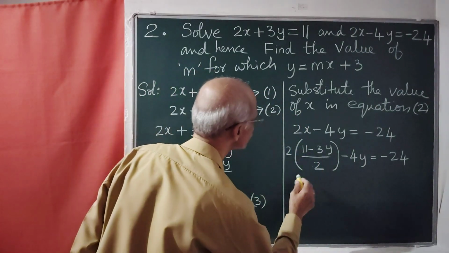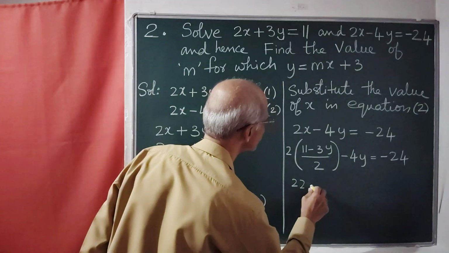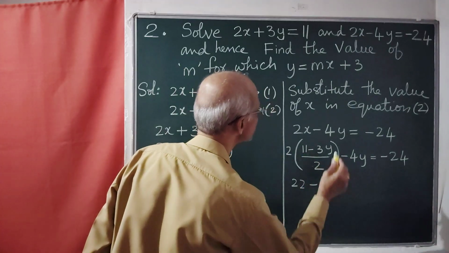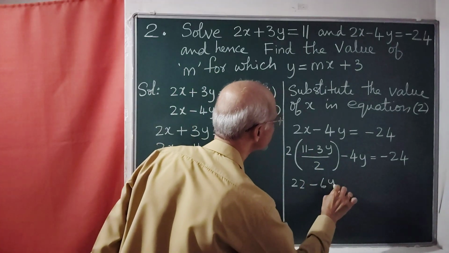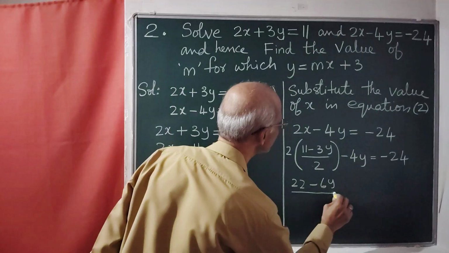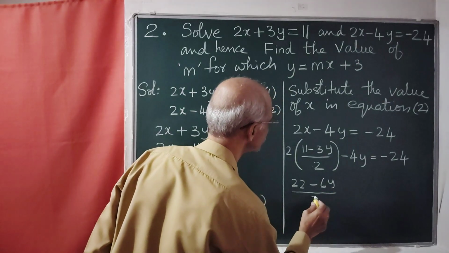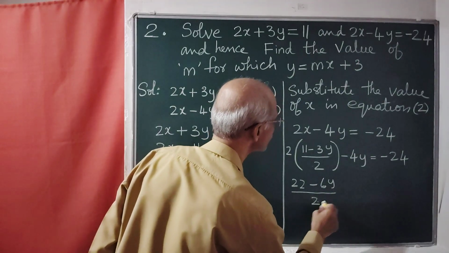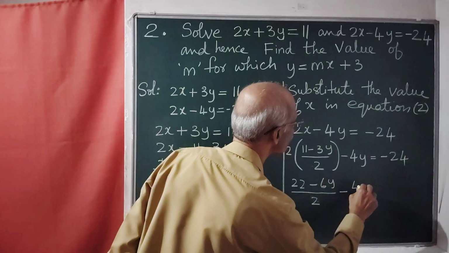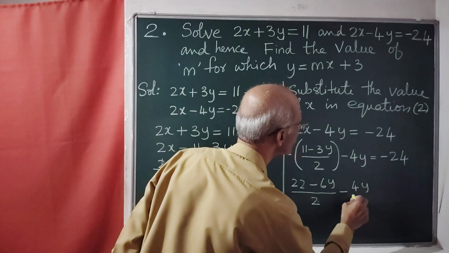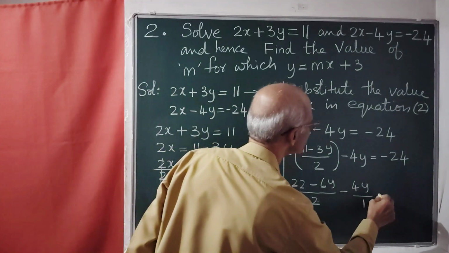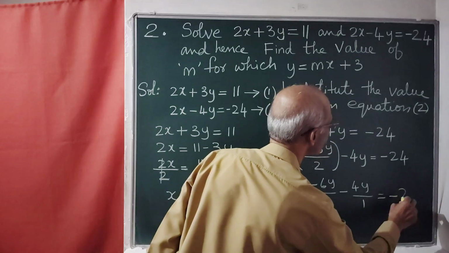So 2 into 11 is 22. Minus 2 into 3 is 6, 6y. The whole divided by 2, minus 4y by 1 is equal to minus 24.